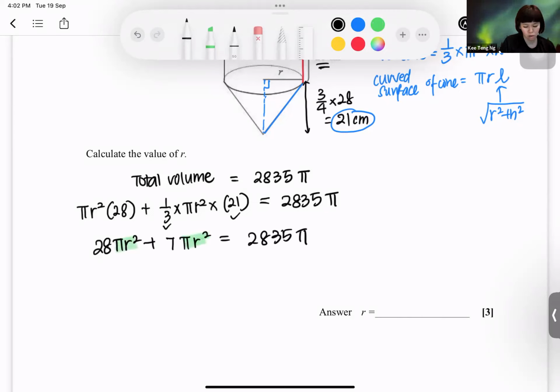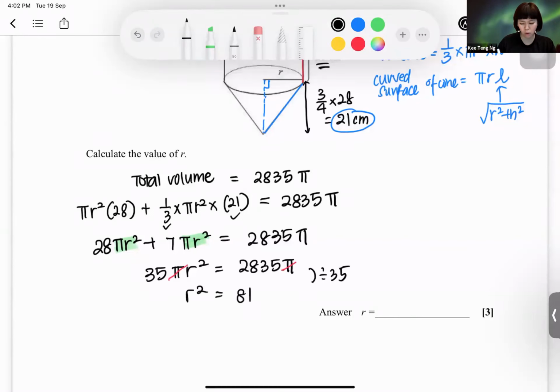So I have 35 pi r square equals 2835 pi. Question, what can we cancel away? Pi and pi are the same. I can also get rid of 35 to get r squared, so I'm going to divide by 35. 2835 divided by 35 gives me 81.